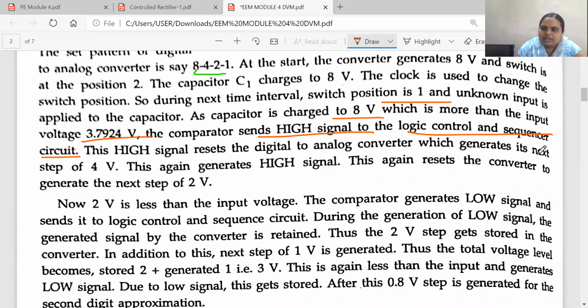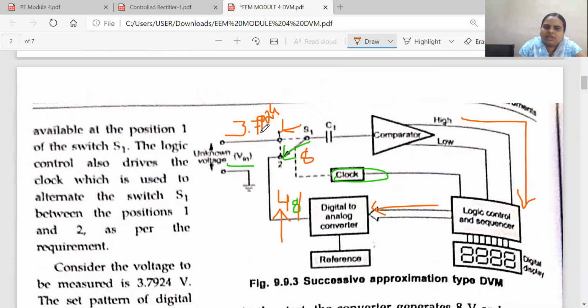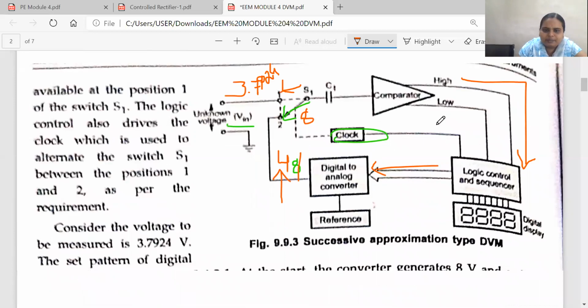The high signal generates the next step of 4 volts. This again generates a high signal. Why is it high? 3.7 is less than 4, or else 4 is greater than 3.7. For that reason, the comparator sends a high signal.